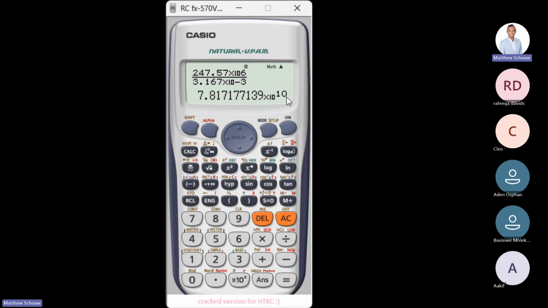What ENG does is make it power 3, power 6, power 9, power 12. All you do is press this button here, and you get the 9. If you want 6, you press that. If you want 3, you press it again. Got it.